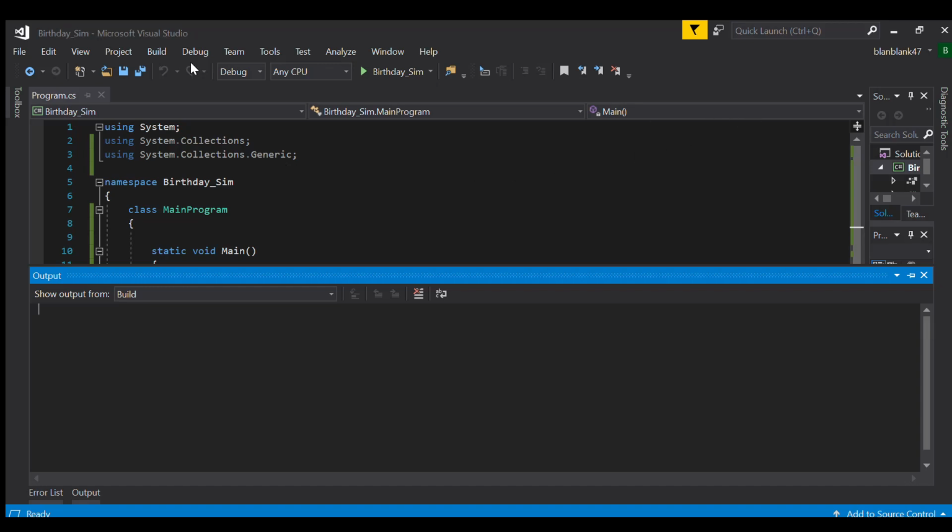And finally, let me test out 365. Remember, 365 is the amount of birthdays possible. Let's see how many matches you can actually get from that much. Oh, 188. That's actually pretty high. Higher than I expected. That's it for now.